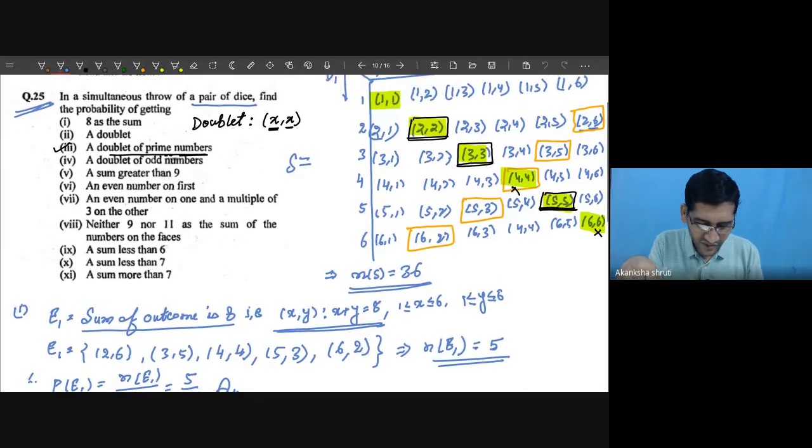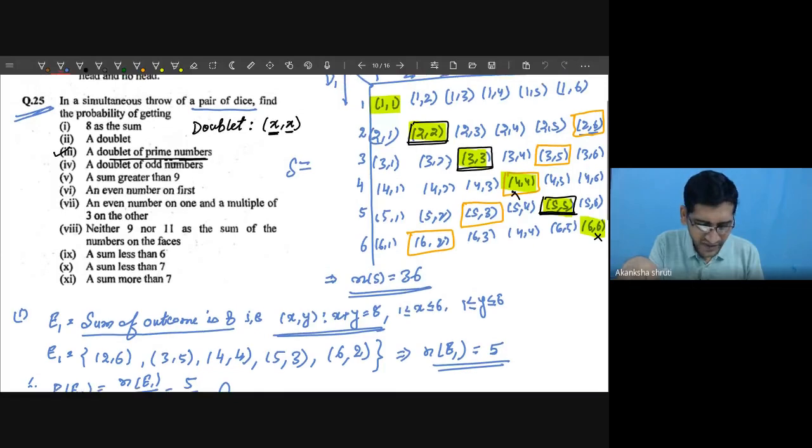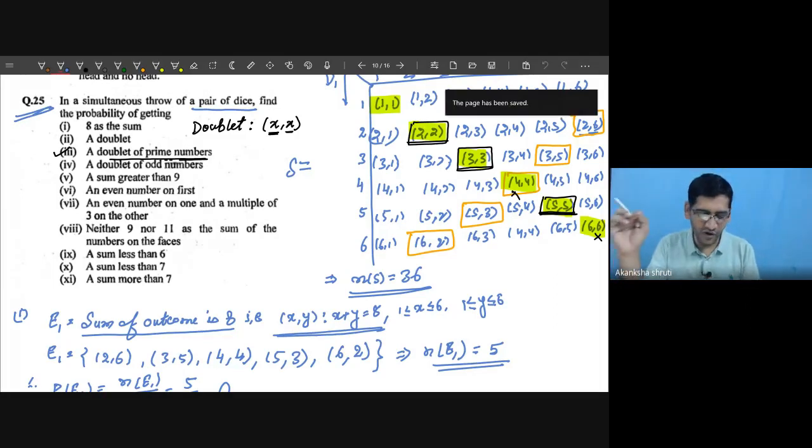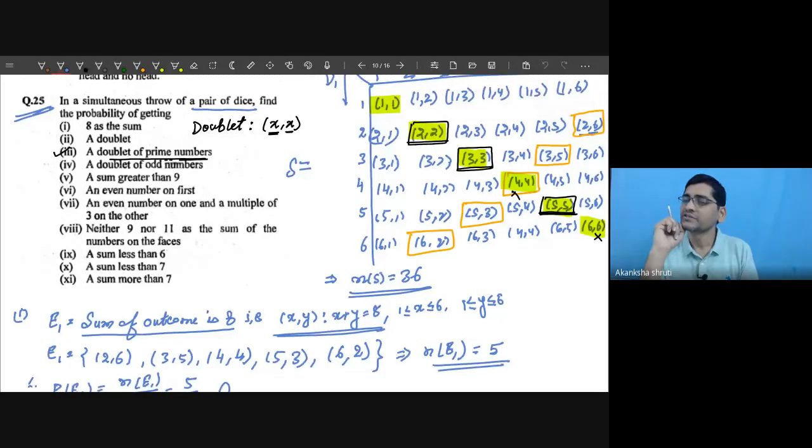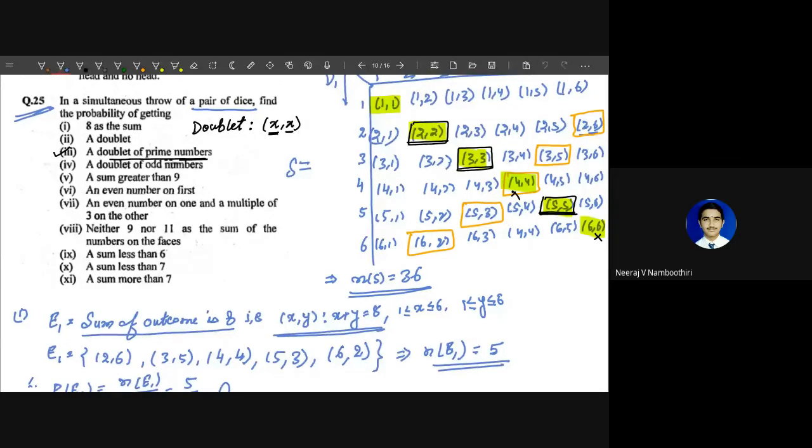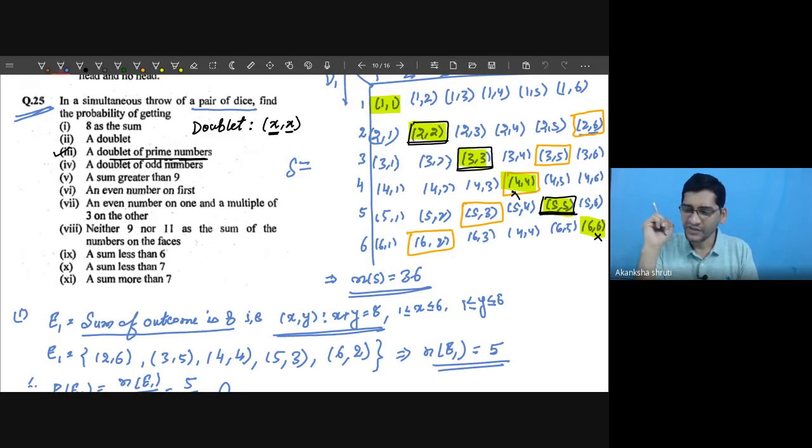Can you people write the doublet of odd numbers? And please tell me, what is the doublet of odd number? Yes, sir, 1 1, 3 3, 5 5. Very good. So 1 1, 3 3, 5 5.